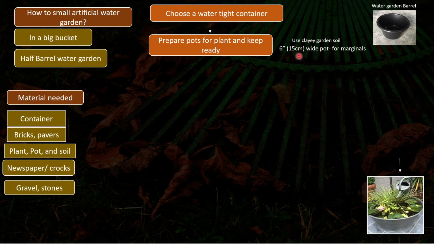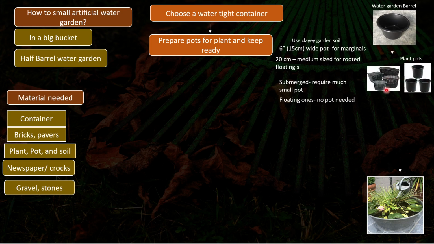Right, and the pots that you should use for your plants: for marginals it should be 6 inch, that is 15 centimeter wide, and for medium sized rooted floating plants you will require 20 centimeter because these are larger plants, and for submerged plants they require a much smaller pot because they do not need to be present outside the water, and floating ones like the smaller ones like azolla need no pot because they can float.